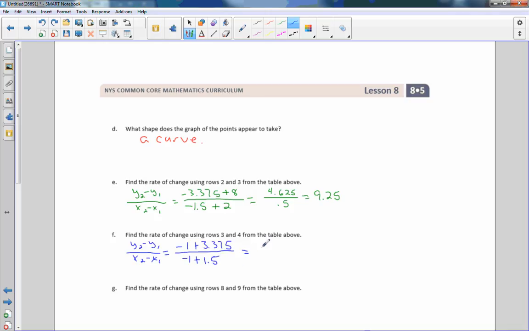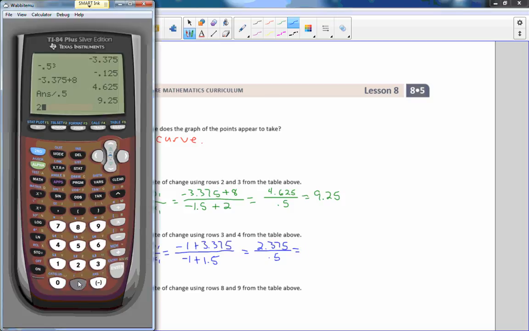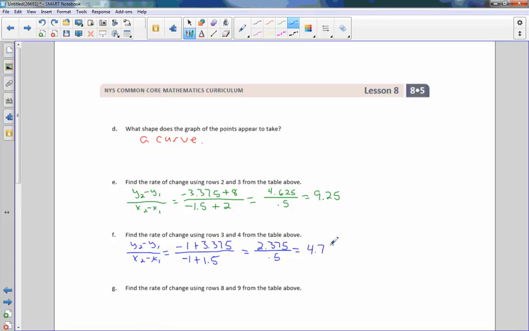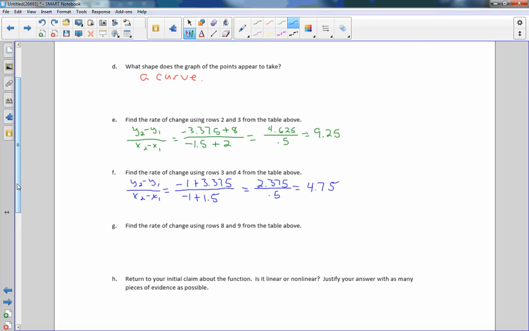That is going to give me 2.375 divided by 0.5. I'll get my calculator just to save time. 2.375 divided by 0.5 equals 4.75. So obviously we just proved this is not linear because my rates of change changed between 2 sets of points. Okay, if it was a line, we'd have gotten the same number for both.